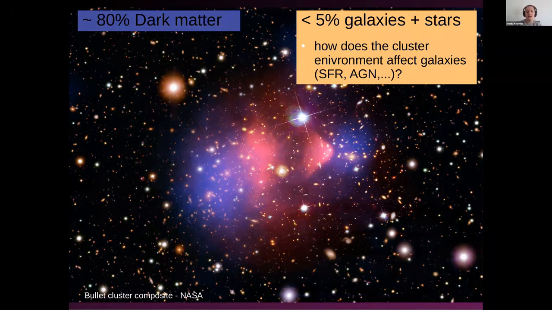One of the popular things to study with clusters is the effect of environment on the actual galaxies. You'll have many, many galaxies within the actual cluster, but then you do also have field galaxies or galaxies infalling along filaments. And how does the dense environment of the cluster actually affect any of the evolutionary properties?